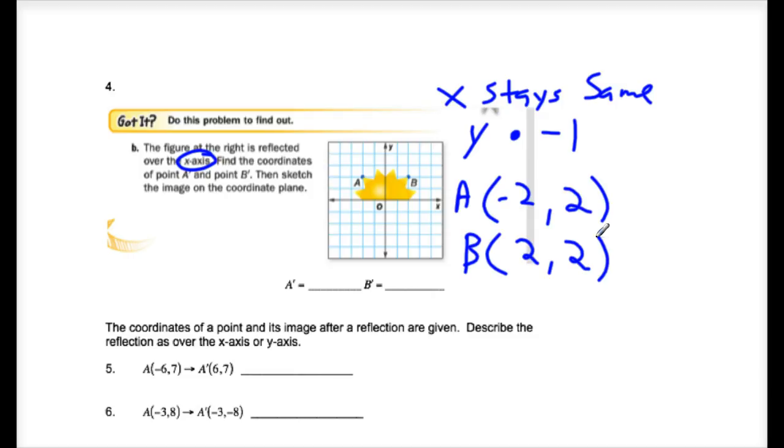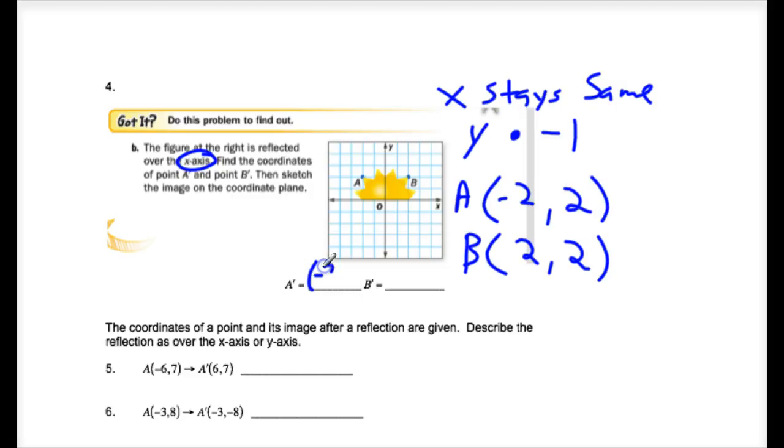All right. Keep x the same and multiply y by -1 to find A prime and B prime. Okay, Devin, what's the coordinates of A prime? You multiplied the x's by -1. It's -2, -2.